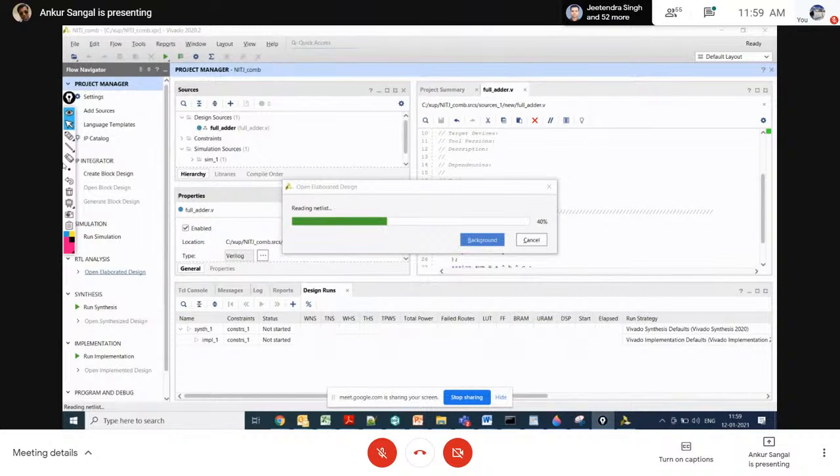So you can see in this RTL analysis, open elaborated design, it is directly checking whether it will convert our design into RTL or not.